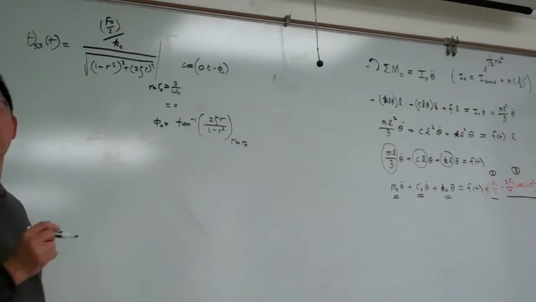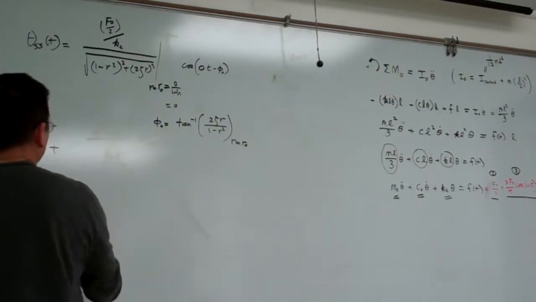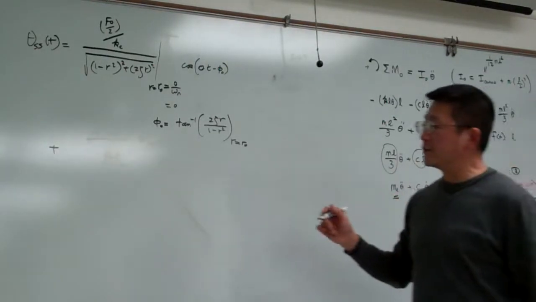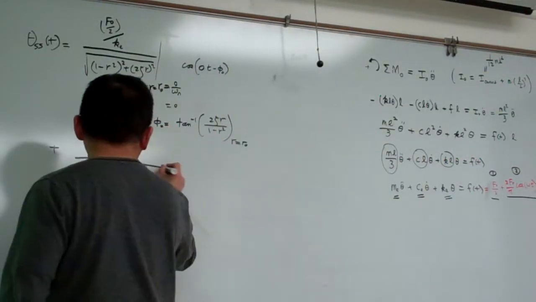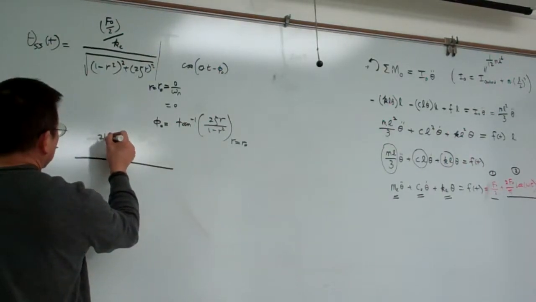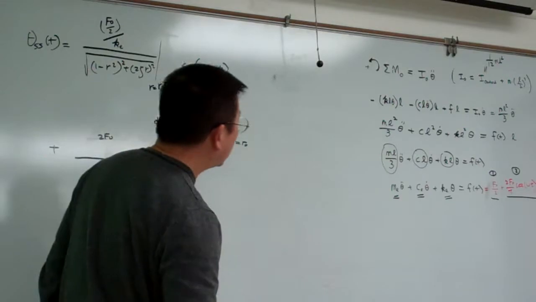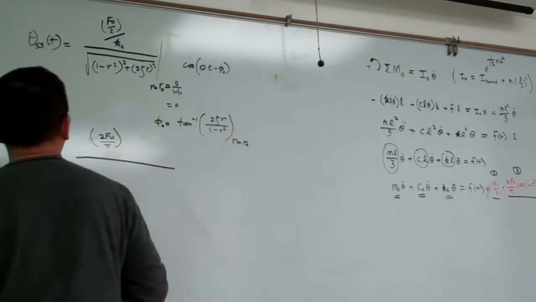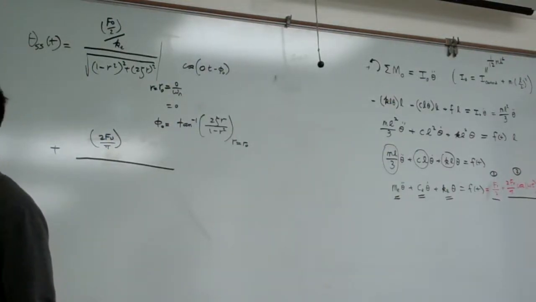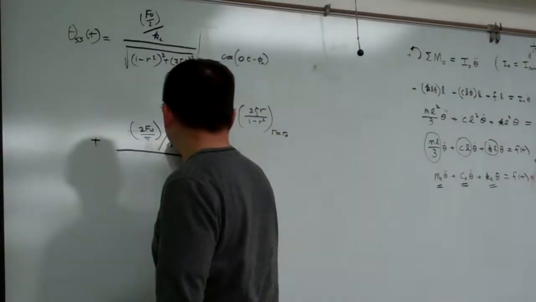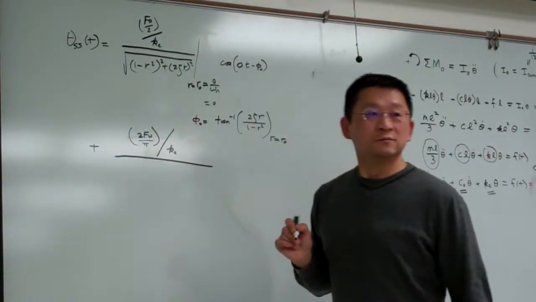You good? So now we work on the response to the second term here. So simply we take the same template. So again, that is a magnitude. The magnitude of the second term is 2F0 divided by π. So that is the force magnitude divided by the spring constant, which is k.